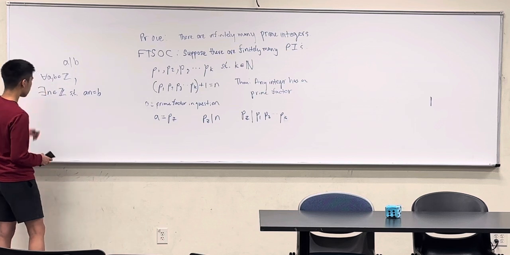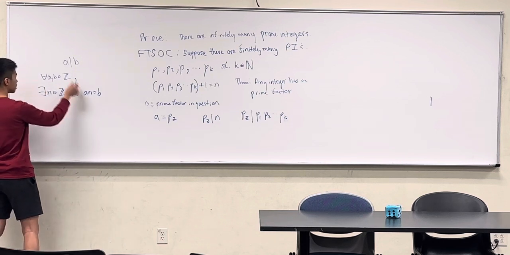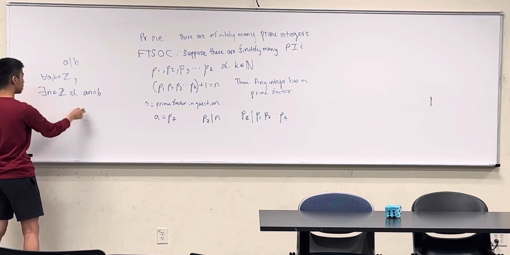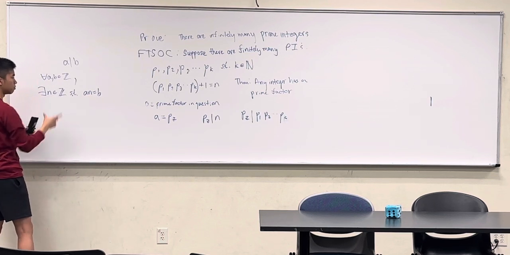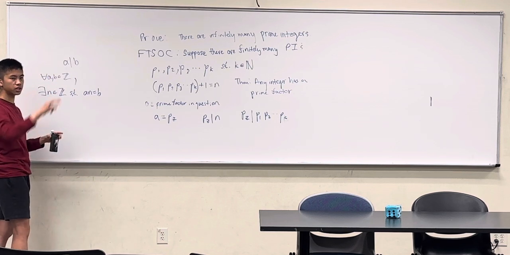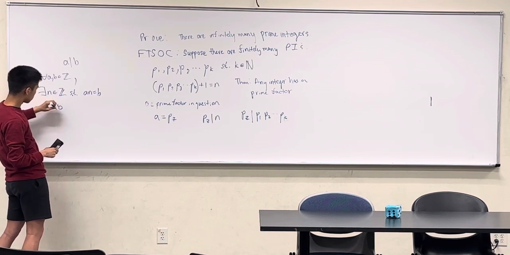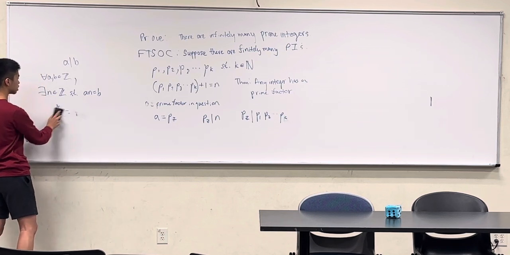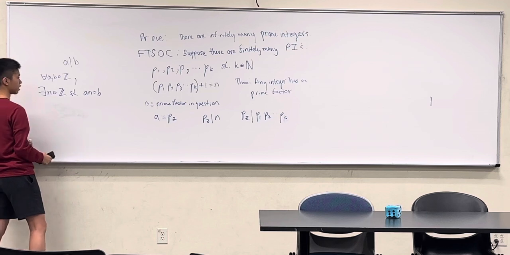So you can take the integer a, multiply another integer n, and that'll equal b. And because of that, you could say that a divides b, or in other words, b divided by a is equal to a whole number n. We haven't gone to division, but I just wanted to make it simpler for you to understand.